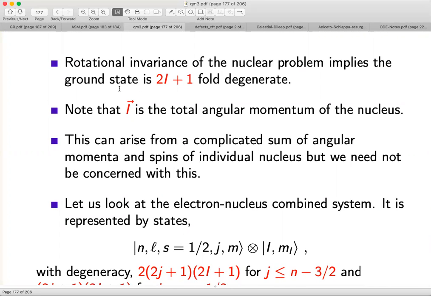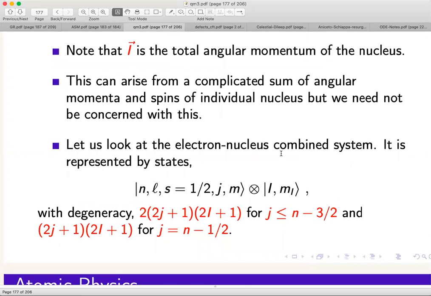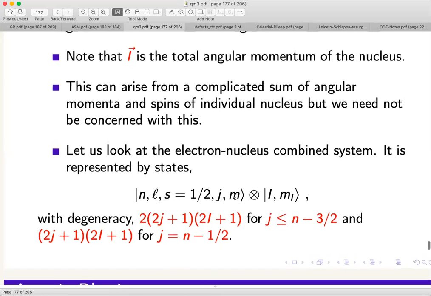Within the nuclear physics problem, of course, since we are looking at only the ground state, the nuclear eigenstates would be 2I+1 fold degenerate, and if you look at the combined electron and nuclear system, then we would be writing the corresponding state as the electronic state written in terms of the principal quantum number, the orbital angular momentum, spin, total electronic angular momentum, and its projection, times the nuclear state, which is written in terms of I and M_I.